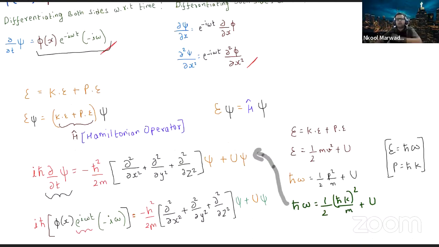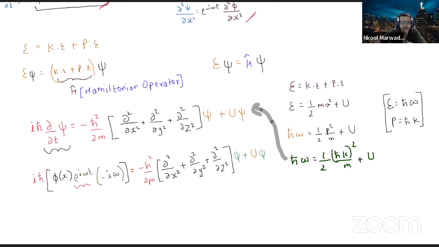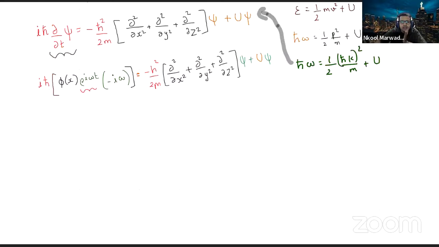And here I got one magic. This is the result we got. Now let us analyze this. This can help us in freeing this equation from t. How will it do that?